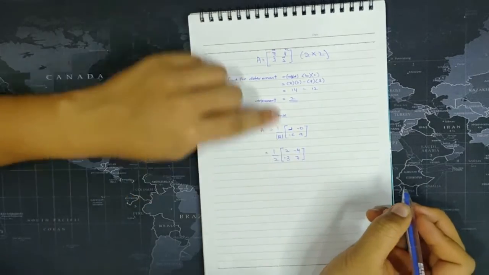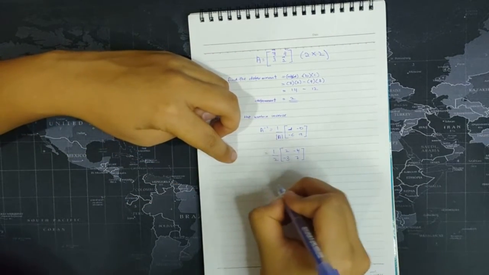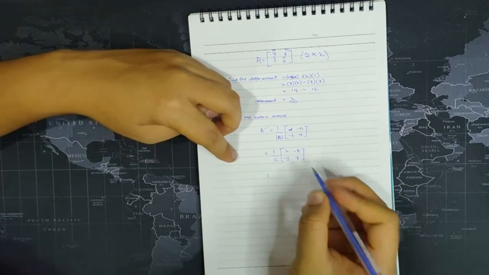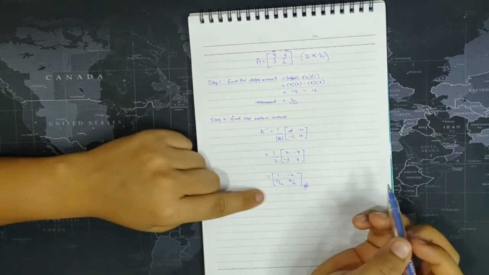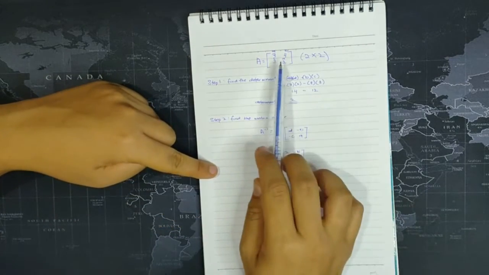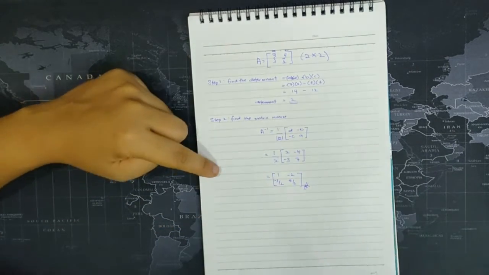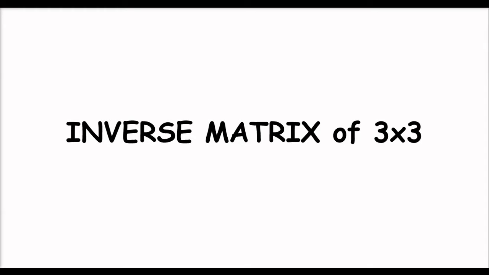So you do the calculation, and then you will get the inverse matrix for this matrix. Okay, I think you get it, how to find the inverse matrix of 2 by 2.